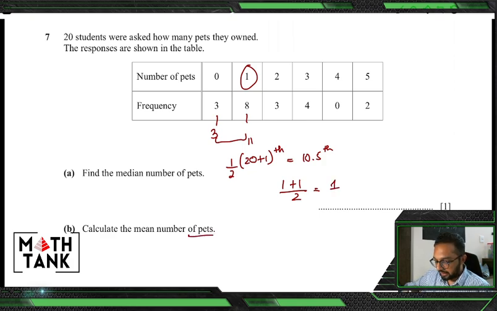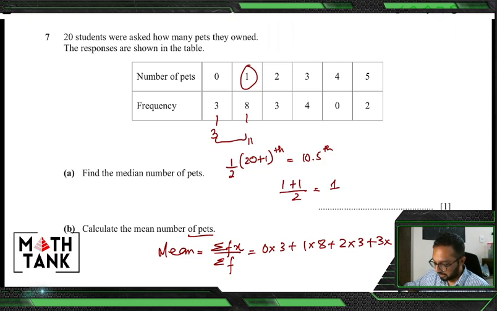Then when it says mean, I again go back to my formula, sum of fx divided by sum of f. 0 into 3 plus 1 into 8 plus 2 into 3 plus 3 into 4 plus 4 into 0 plus 5 into 2, divided by 20 because there were 20 people.